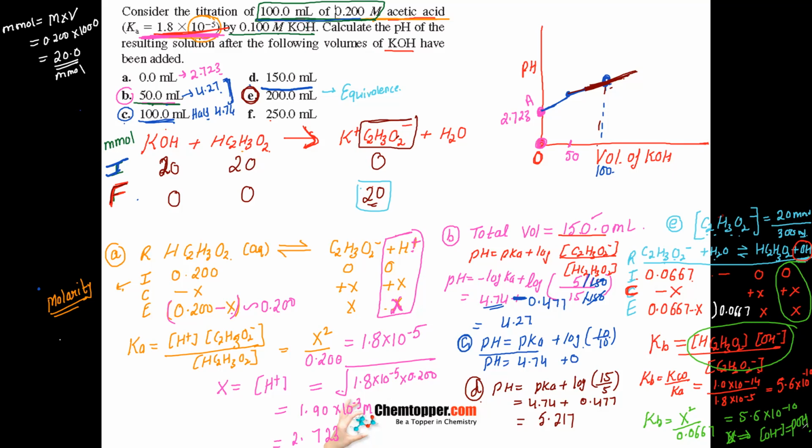Okay, Vinaya, I think your answer is right. So Vinaya is giving us a pH of 5.214. Means she calculated the OH minus from this equation, the value of x, and then she converted that into pOH. But it should be more than 7. The pH.